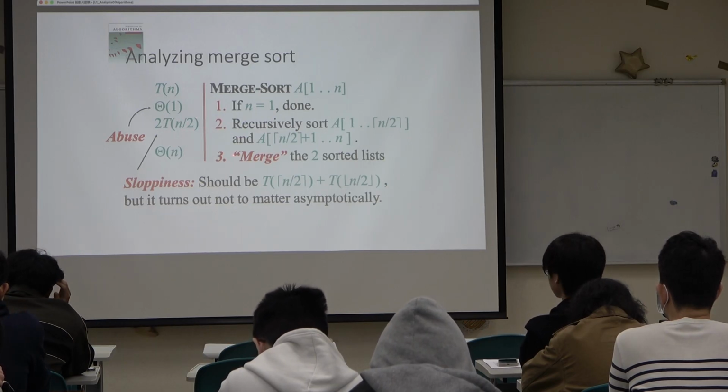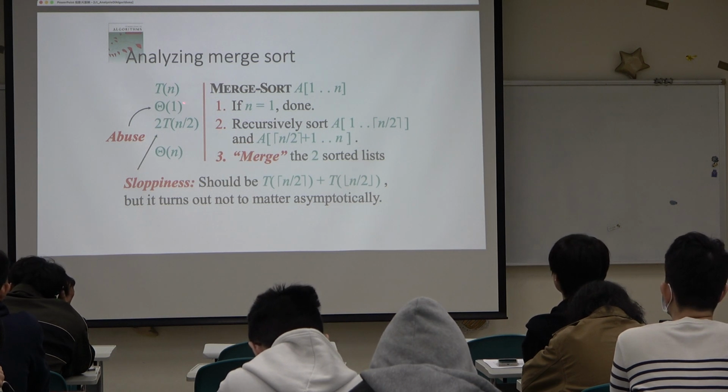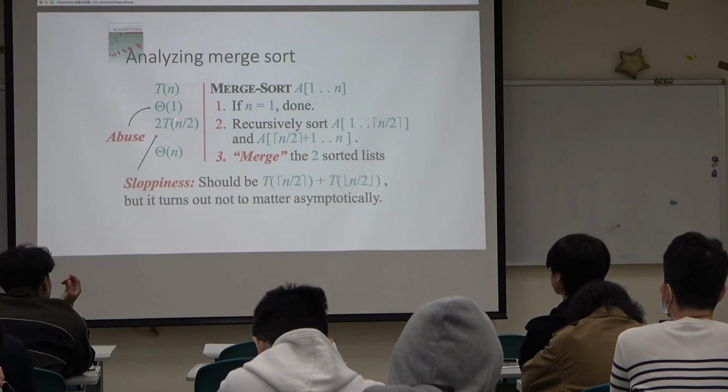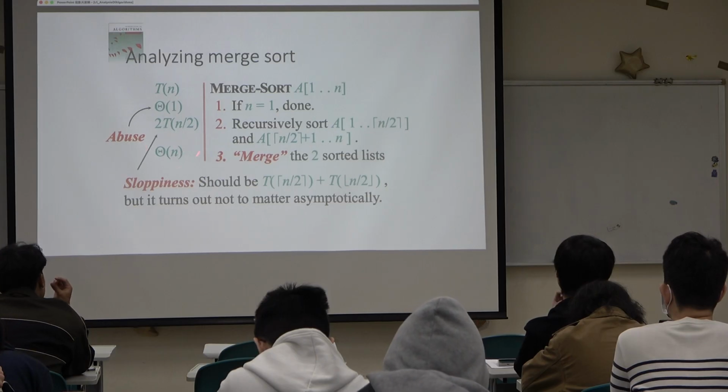The third step, as we already discussed, is theta n. So T of n is either theta 1 if n is 1, or 2T of n divided by 2 plus theta n if n is greater than 1.